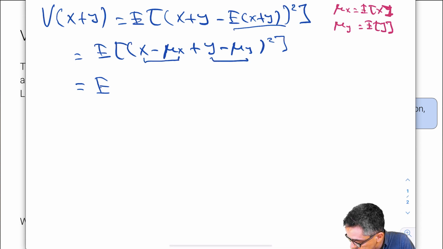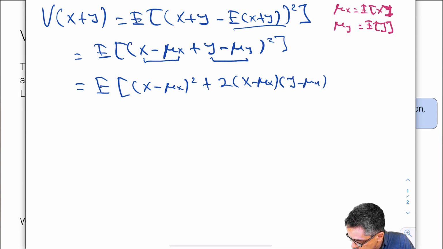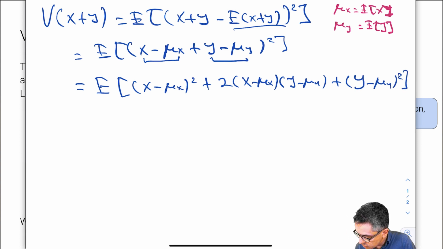I'm going to keep these together. So this is the expectation of the square of the first term, (x minus mu x) squared, plus twice their product, (x minus mu x) times (y minus mu y), plus the square of the second, (y minus mu y) squared. This is what that term looks like. Now I can use the linearity of expectation to collect.